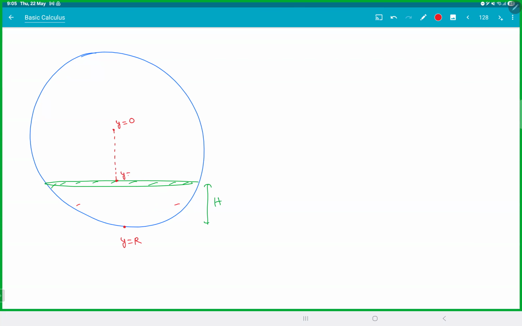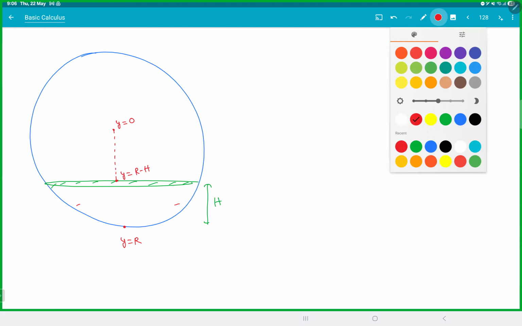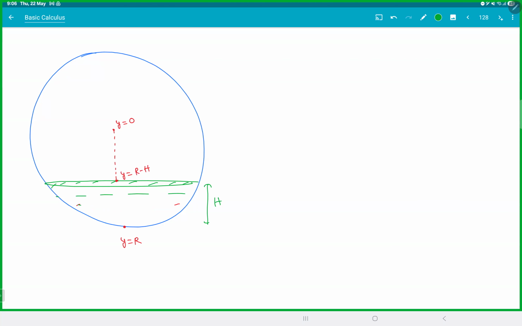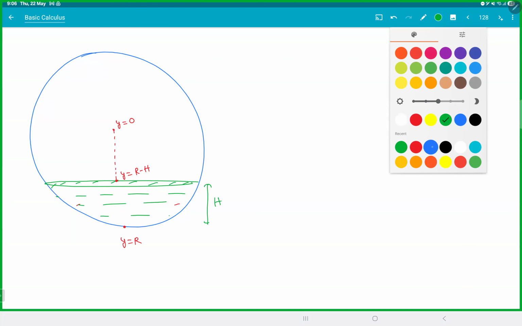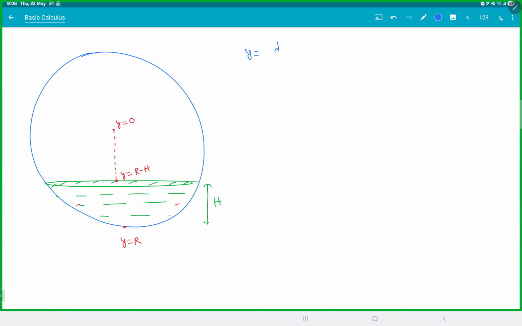At this point y is equal to r minus h. That means y is the distance from the center. So you tell me, the water started from what coordinate? The water started from r minus h to r, isn't it? The water level started from r minus h, and the water ended when y is equal to r.